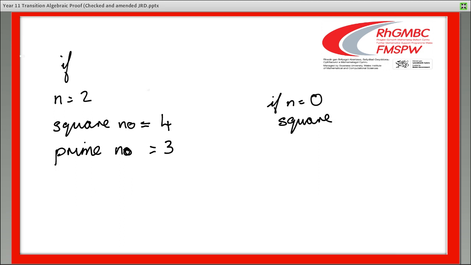And if n equals 0, then the square number equals 0 and the prime number equals -1.